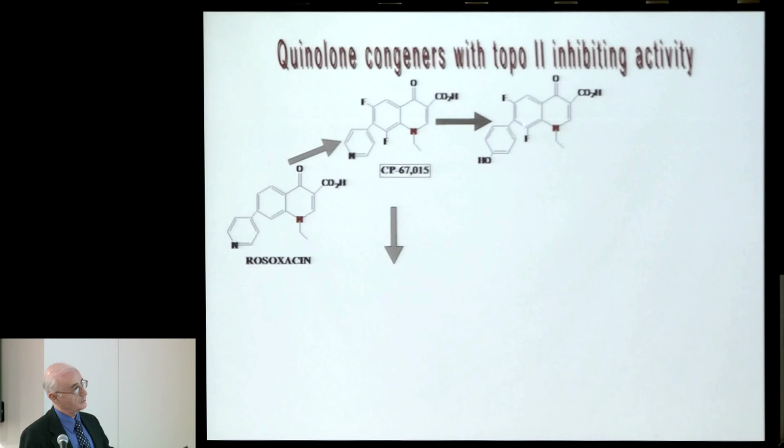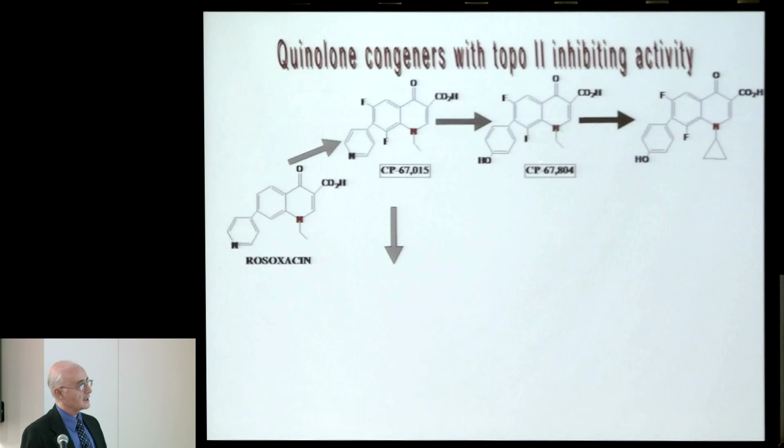This molecule also has better activity. And the last one, you can see hydroxyphenyl and these two fluorines usually work well. The only difference is that this molecule has an ethyl on the nitrogen, while this one has cyclopropyl. So putting in cyclopropyl, two fluorines and hydroxyphenyl has made a compound which is quite effective as an anti-cancer agent, but still it is working on animals. It hasn't come to human studies yet.